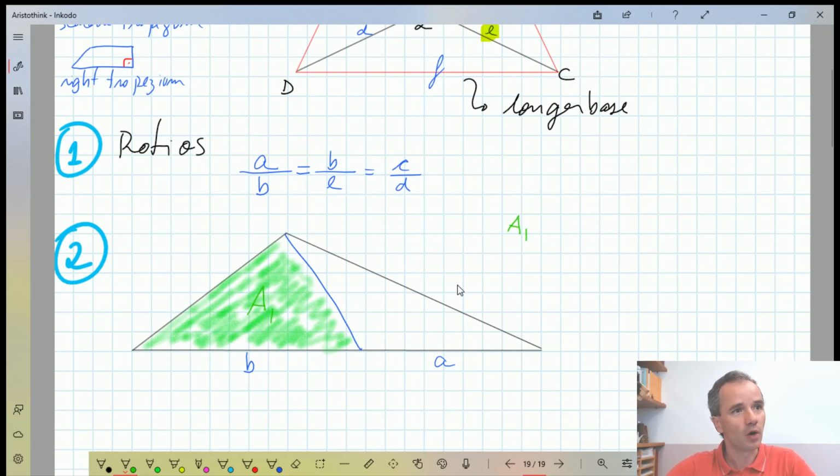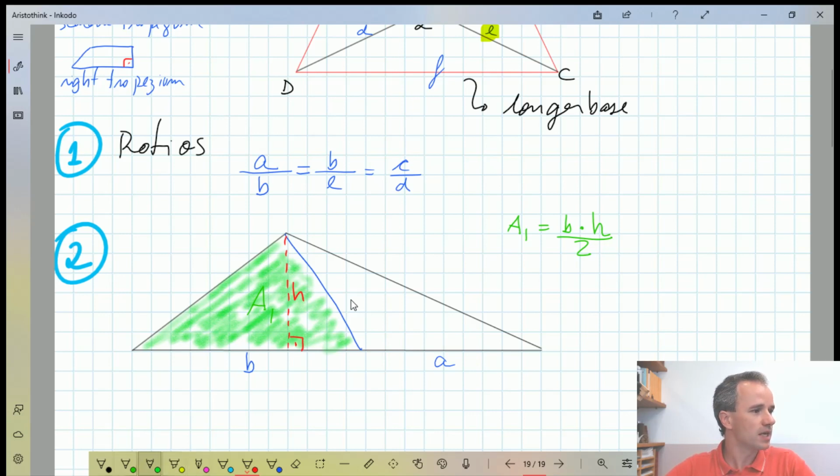The area 1 is going to be the base times the height divided by 2. And that would be the height of that triangle. And remembering, what is the height? The height is the line that you connect from the vertex perpendicular to the base. If that is a base, then that is going to be the height. So this is area 1.